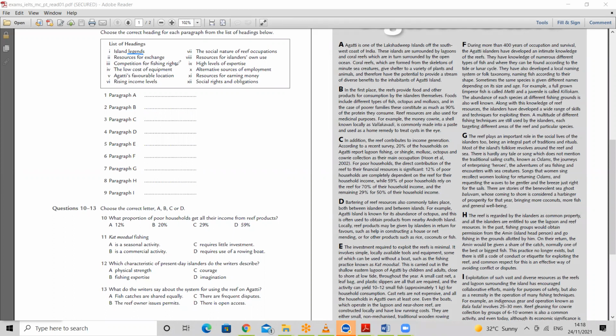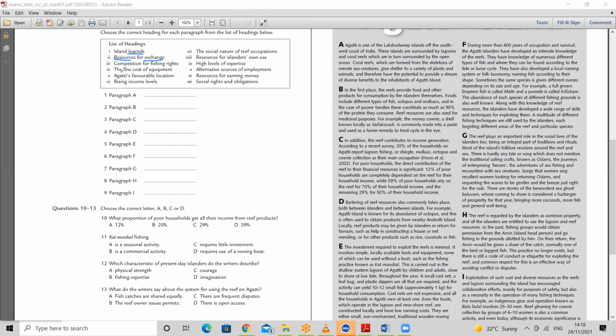Now, looking at the second heading, the important word is exchange, an exchange of the resources. These two words are really important, because "for" is a grammar word, so I will not underline that word.